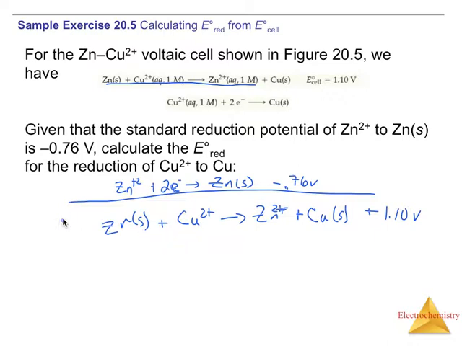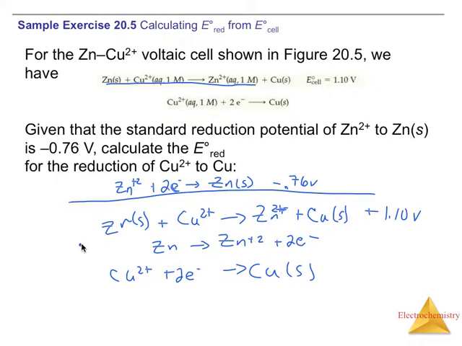If we were to break it into its two half reactions, I would have zinc going to zinc plus 2 plus 2 electrons, and then my copper ion being reduced to solid copper. The reduction of the plus 2 zinc ion to zinc metal is negative 0.76. So if you look here, this is just the reverse, so this must be 0.76 volts.